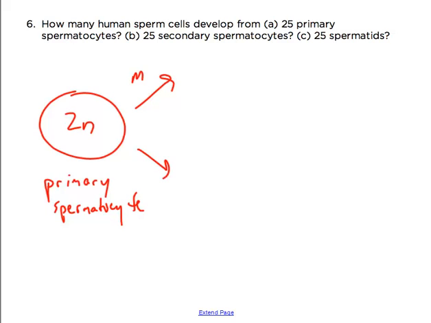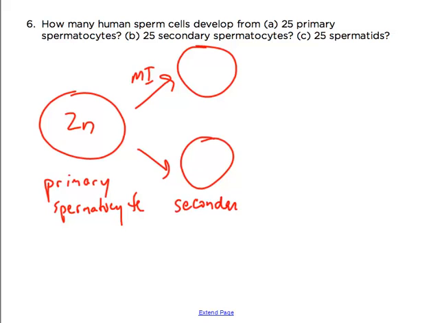After meiosis I occurs, you end up with 2 secondary spermatocytes, and each of those is now N, even though the chromosomes are still duplicated.